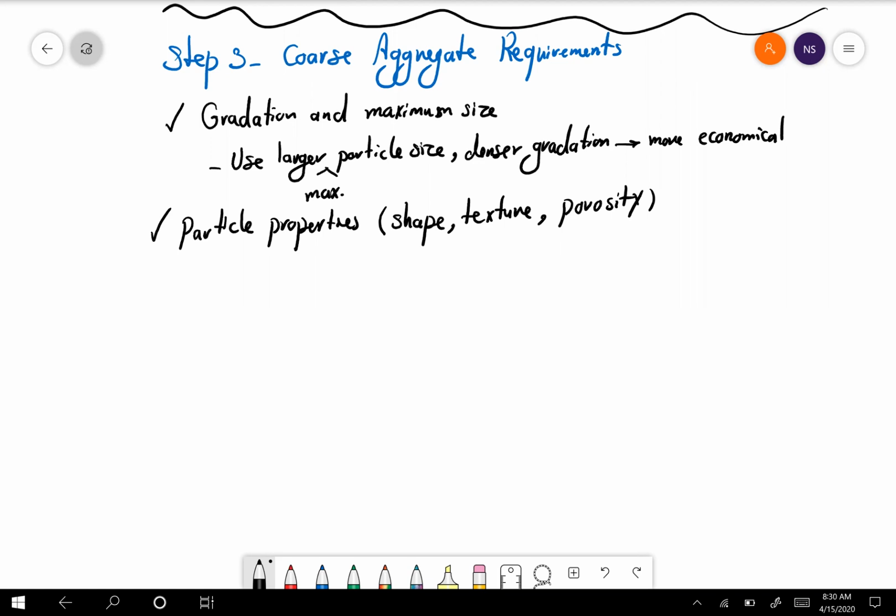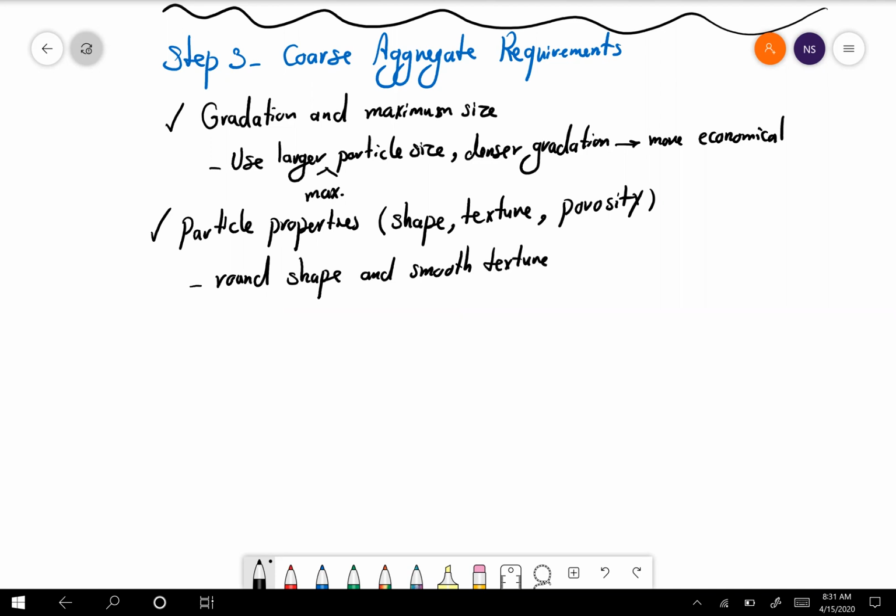And there are some general rules of thumb: round shape and smooth texture.